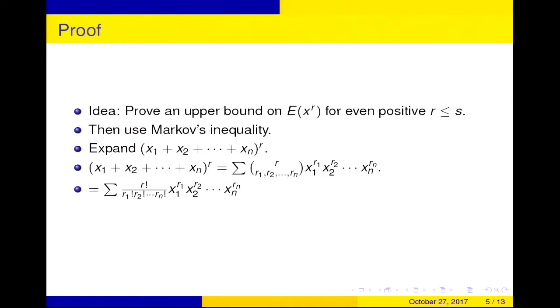I want the expected value of this whole thing. Okay, and something nice happens. So let's try to guess what nice thing happens, and then we'll see it. A lot of these terms have zero expectation. So which terms have zero expectation?